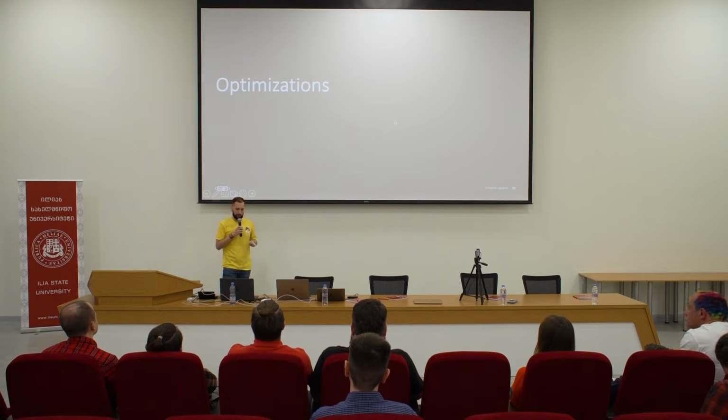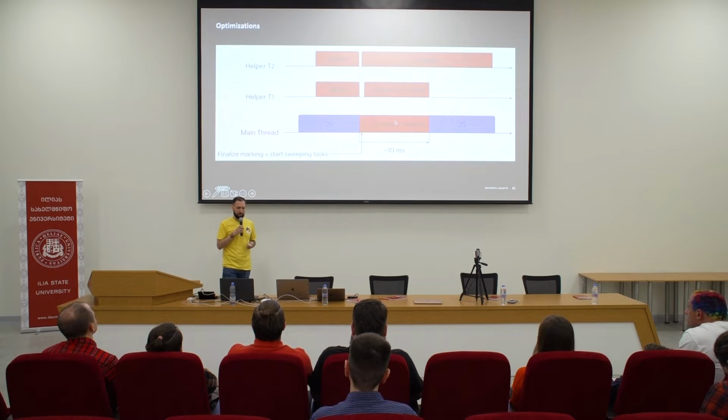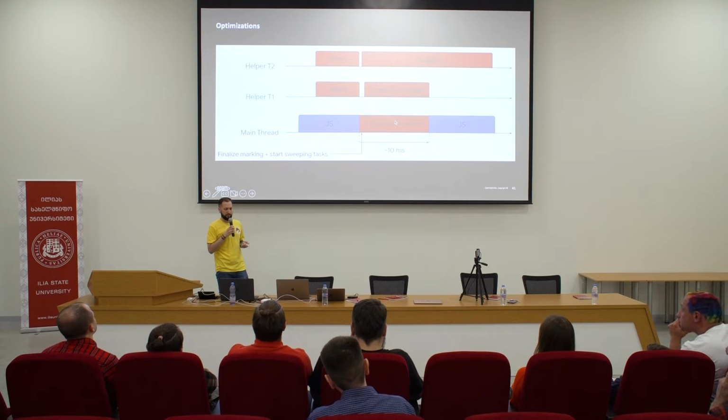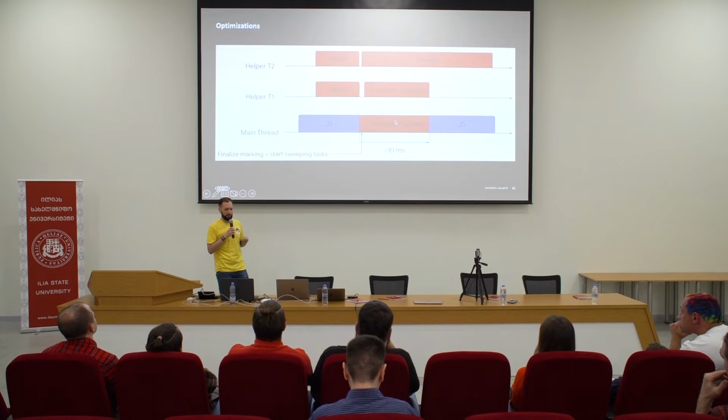Let's see how V8 optimized this. So first of all, V8 is not single-threaded. We can split our garbage collector into steps and spawn some threads to help us, for instance, to mark all our objects, because marking is quite concurrently optimizable, let's say.